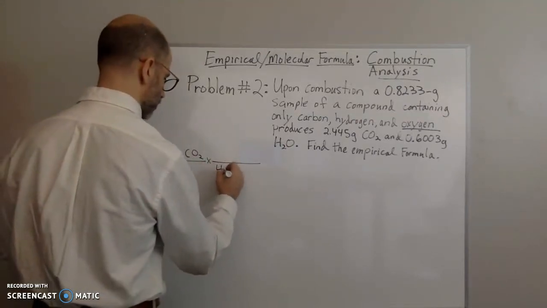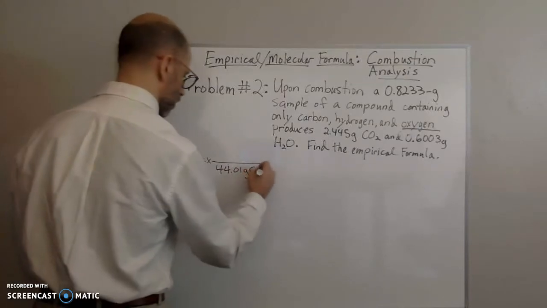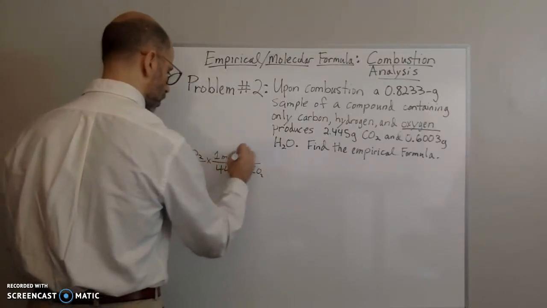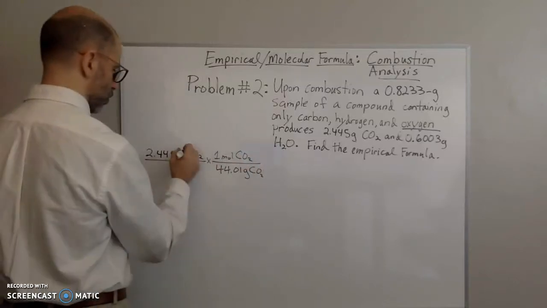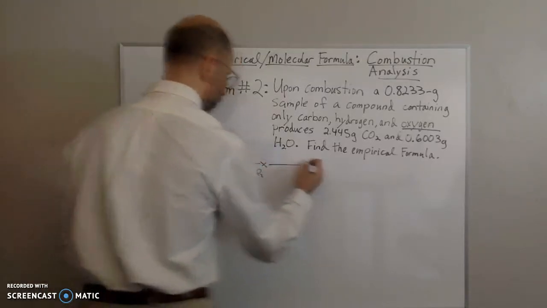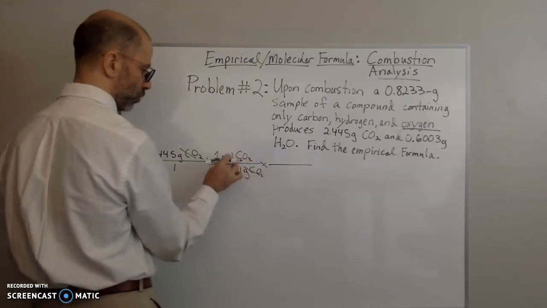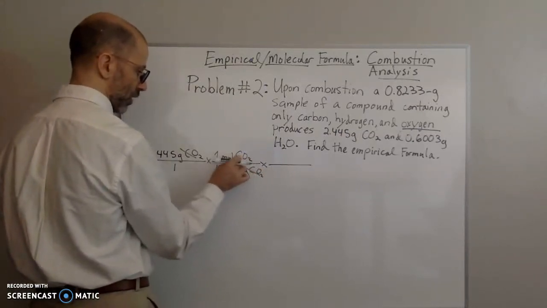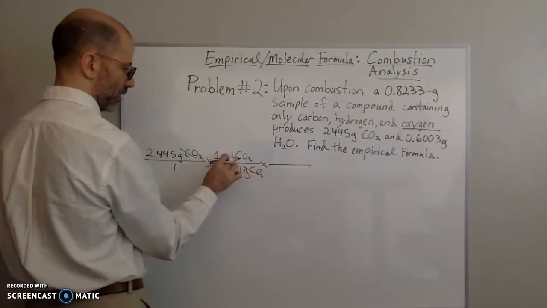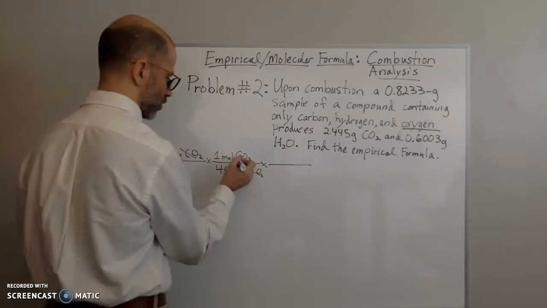So the molar mass of carbon dioxide is 44.01 grams of carbon dioxide for every 1 mole of carbon dioxide. So grams cancel out. And then we need to go from moles of carbon dioxide to moles of carbon. So we're going to use the mole ratio in the formula. So 1 mole of carbon dioxide is to 1 mole of carbon. So it's a 1-to-1 ratio.